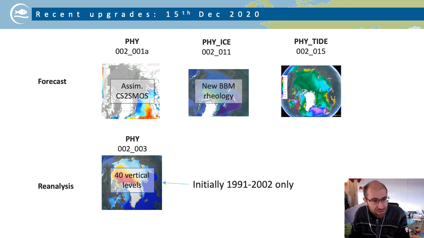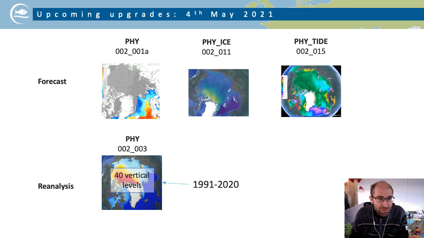And in reanalysis, we have provided a new data product that has a higher vertical resolution, and that's been interpolated to a higher number of vertical levels. Initially, this is only 11 years produced, but we are increasing the time range of that product, so that in the next update on 4th of May 2021, we will provide a longer time series.